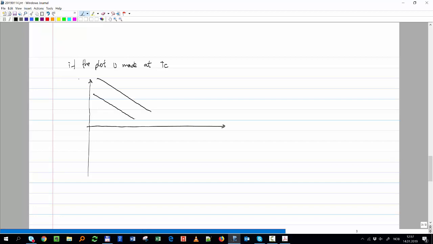If the plot is made at the critical temperature, TC, again I was getting a straight line, straight line.